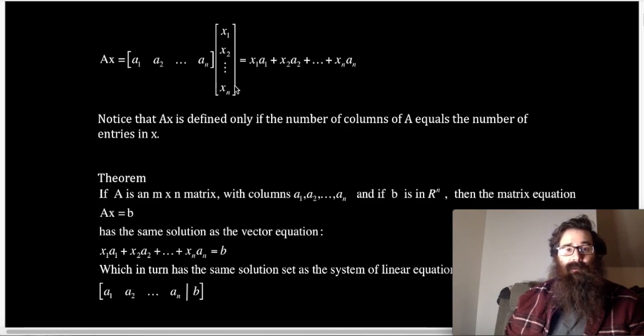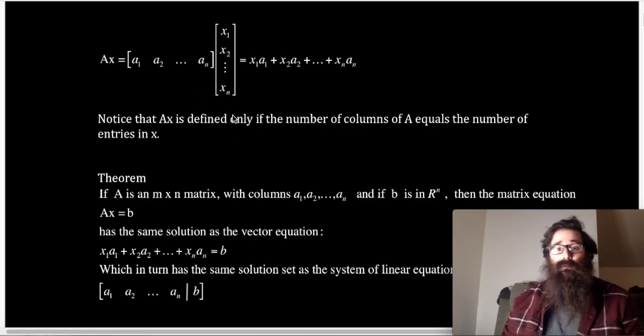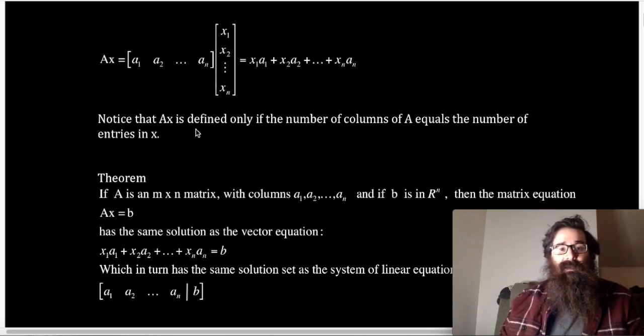The last addend is going to be the last entry of this vector, x sub n, times the column a sub n. And notice here, this imposes a restriction. A times x is only defined if the number of columns in the matrix A is the same as the number of entries in this vector x.